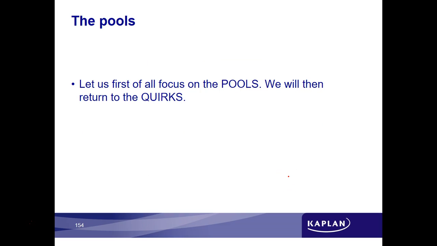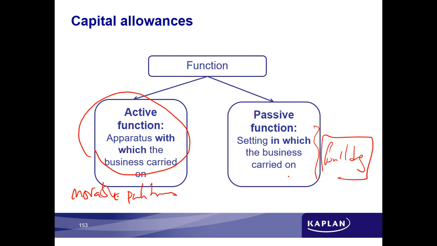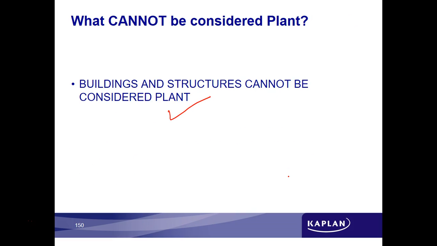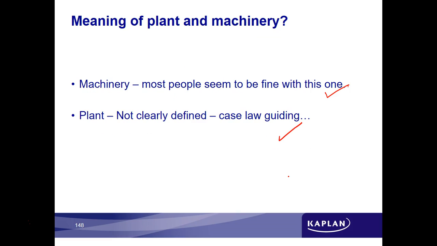Right, so like I said, there are a couple of quirks, but what we'll do is I'll pause the video here. So that's really the introduction, all I've said so far. So capital allowances are part of your tax-adjusted trading profits. Buildings and structures can't be considered, just little things that you need to remember there.